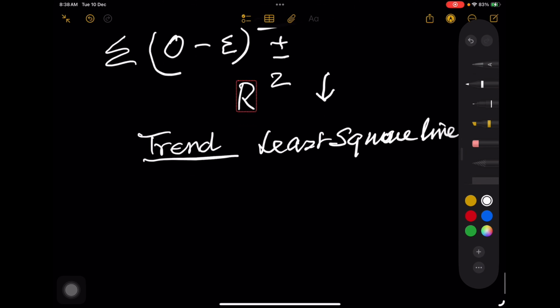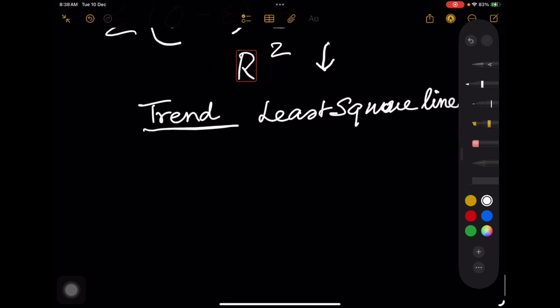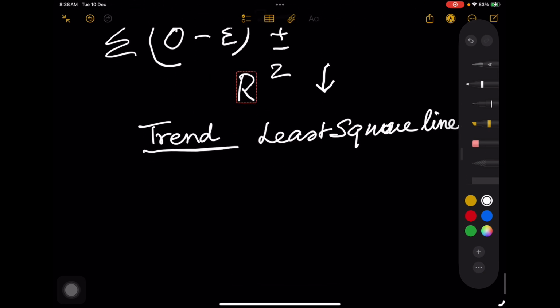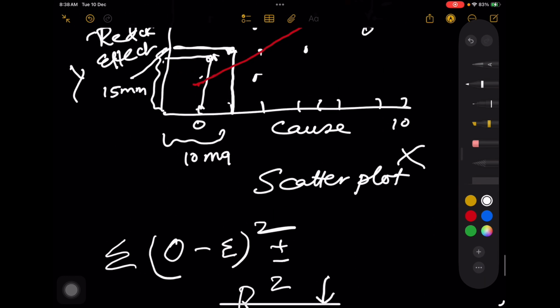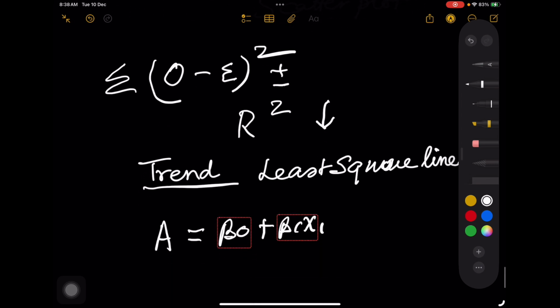The mathematical value that you get from this is that Y will be equal to beta 0 plus beta 1 x1, where beta 1 will tell you how much will be the increase in the y-axis as compared to the x-axis. So this is called linear regression.